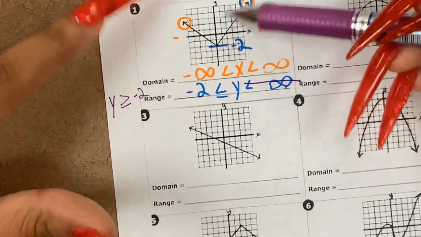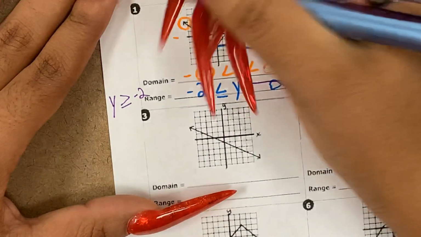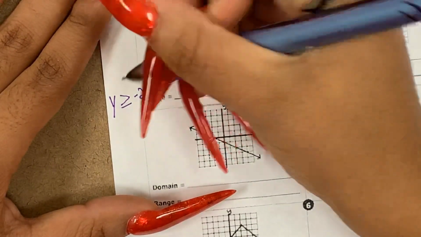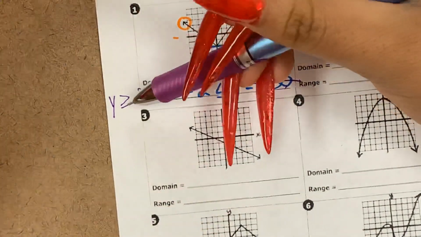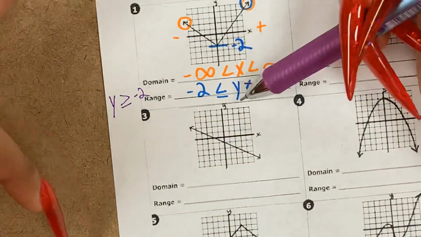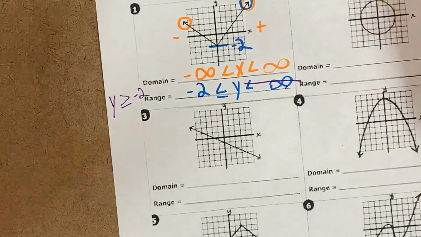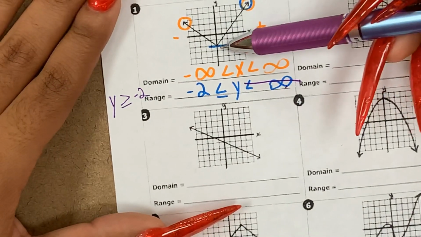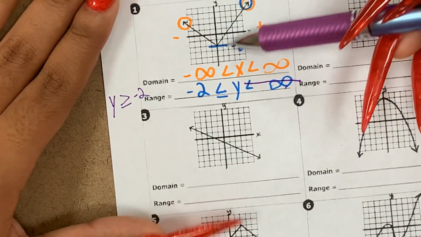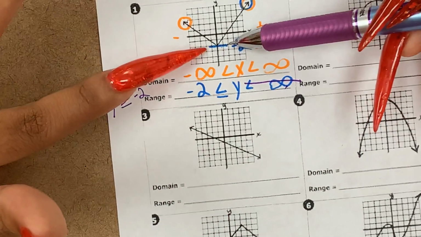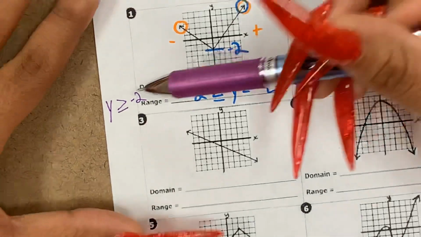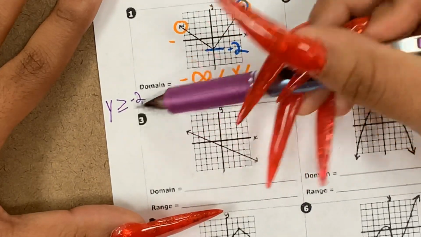So how I think of it, if the arrows are going up, then it's going to be greater than. If the arrows are pointing down, it's going to be less than. It has one limit, one number that it stops at, and then one arrow. So whenever your domain or range has one number that it stops at, but one arrow, it's going to be written like this.